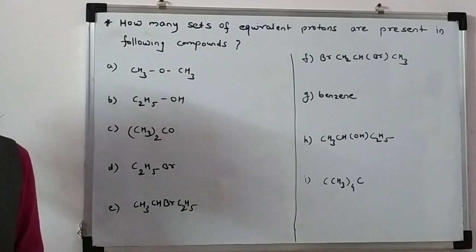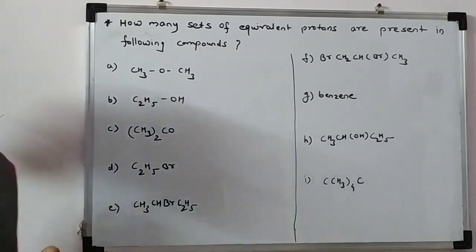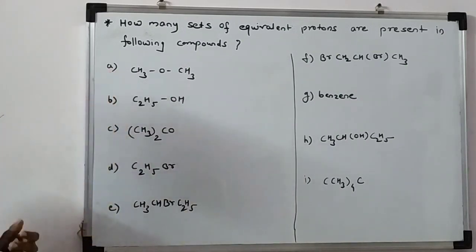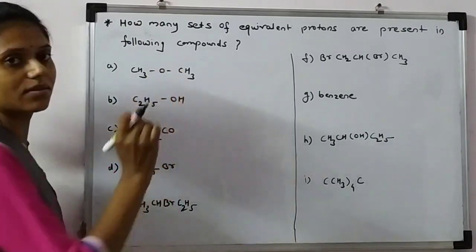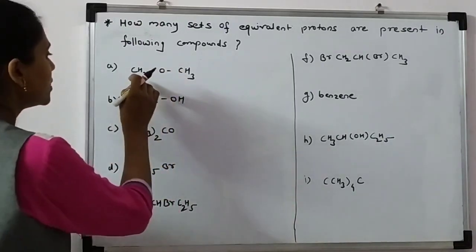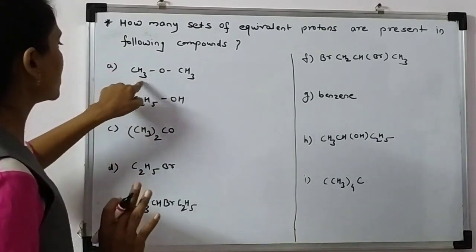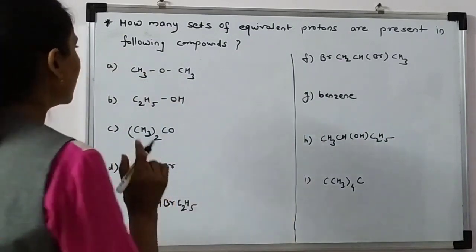Today we have taken different kinds of examples. How many sets of equivalent protons are present in the following compounds? The first example is an ether, CH3OCH3. Here the electronic environment of these three protons and these three protons of the methyl groups are the same.